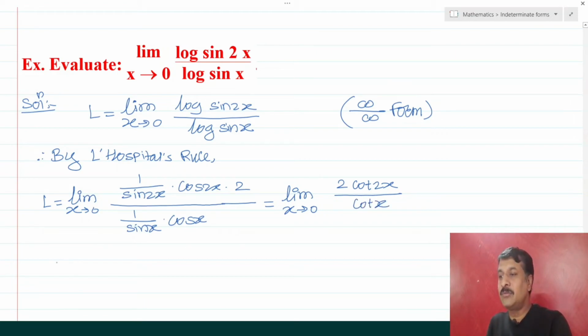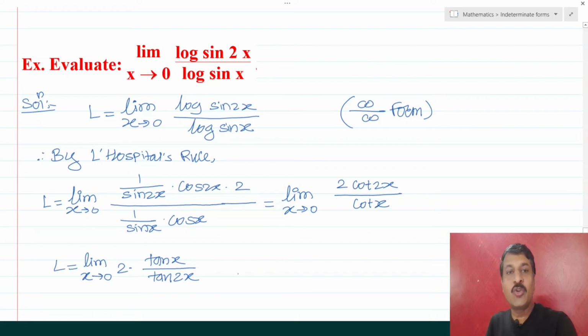As we know, for simplicity, I can consider 1 by cot x is tan x, and cot 2x is 1 by tan 2x, and that is why this 2 stays as it is, and here I can write it as tan x upon tan 2x. Here tan 0 equals 0.